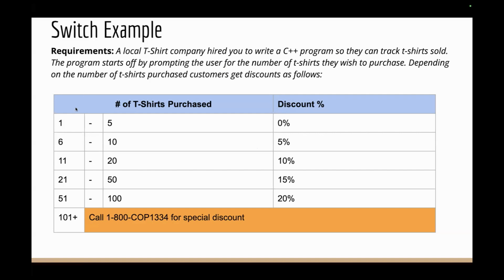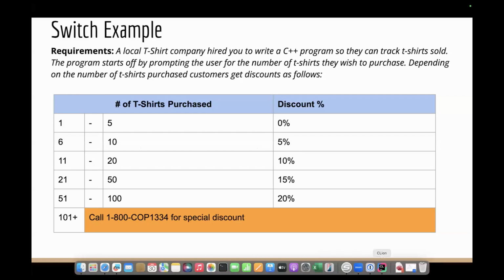So if you buy between 1 and 5, you get no discount. If you buy between 6 and 10, you get 5% discount. 11 to 20, 10%. 21 to 50, 15%. 51 to 100, 20%. If you buy more than 100, you call for special discount. Call this number and they give you special discount. So how would we write this program?